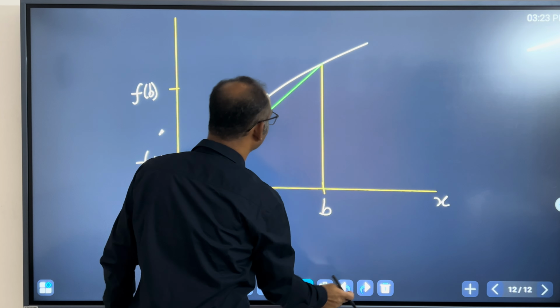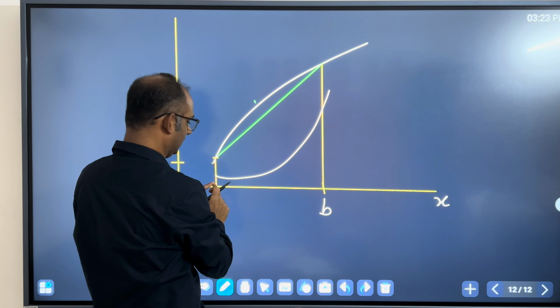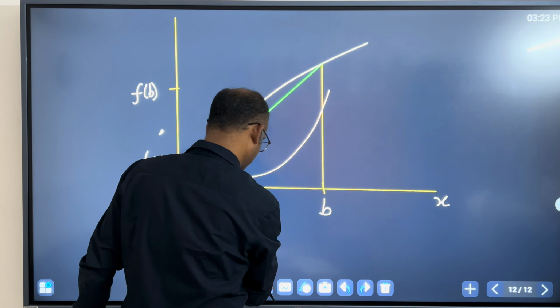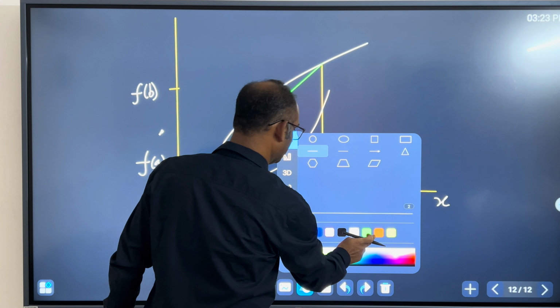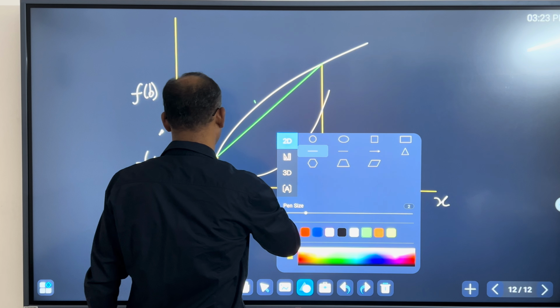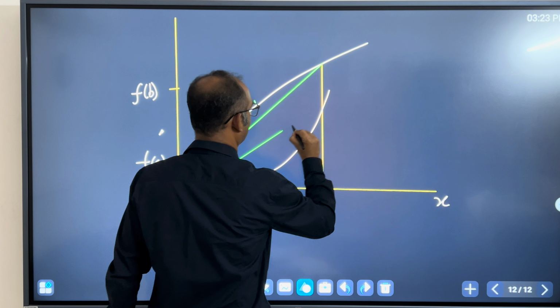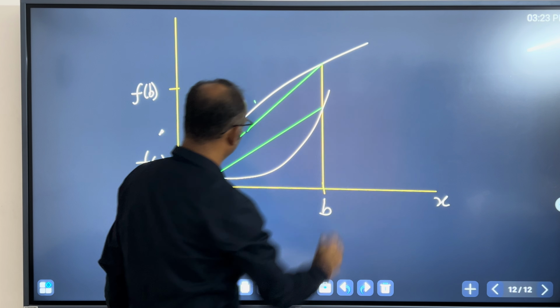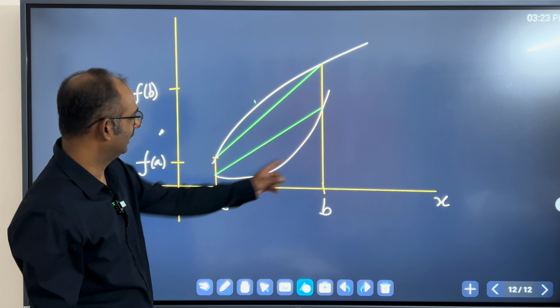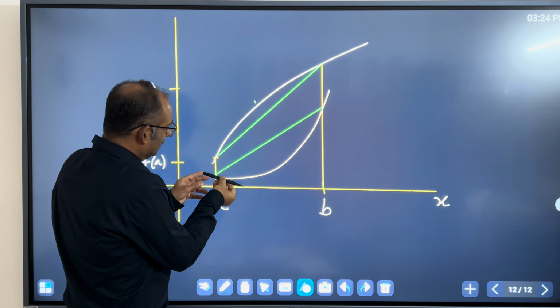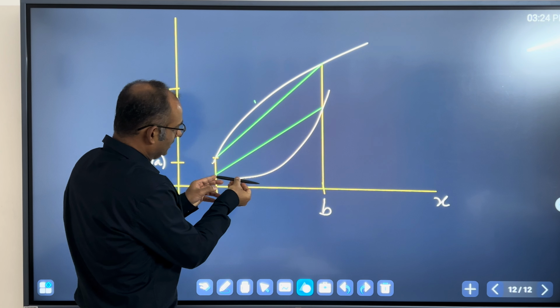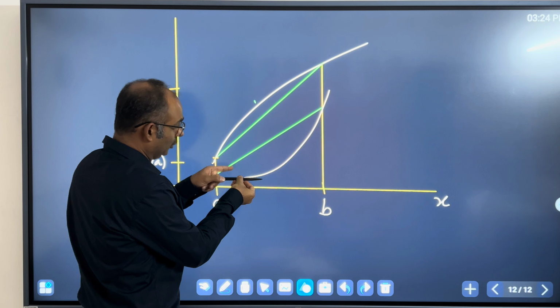Now let's again connect the two ends on the curve and get a slope, and I want to use green color. Okay, this is another curve. I've connected these two. Now look here, this is the slope of this line.